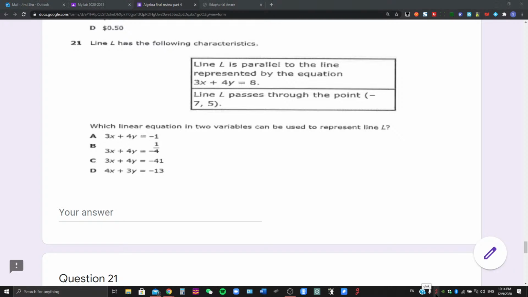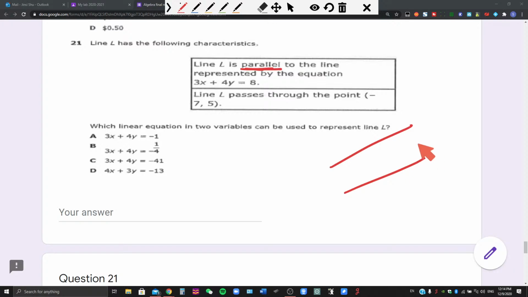So first, let's look at the two characteristics. Parallel tells us if two lines are parallel, they will have the same slope, because they are facing the same direction. So if two lines are parallel, they will have the same slope.